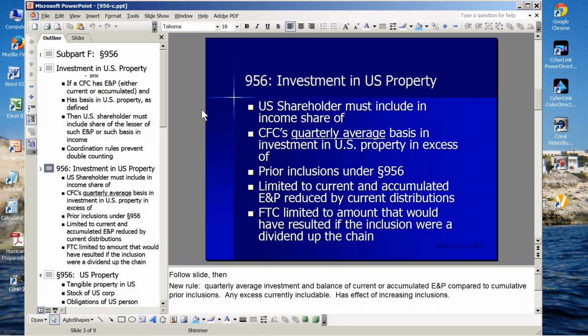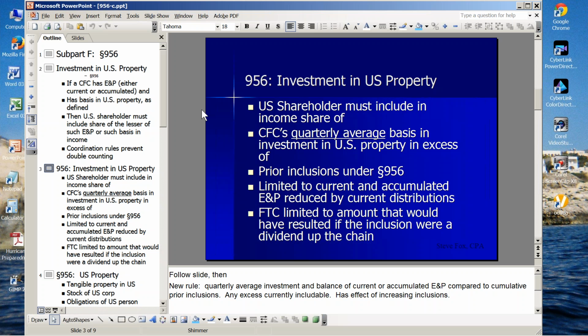It's compute balance A, compute balance B, and compute balance C, and then compare A and B, take the lesser of that number, and then reduce it by C. So A is the investment in U.S. property, B is the sub's earnings and profits, and C, the reduction amount, is the aggregate prior 956 inclusions. Not the aggregate subpart F income or subpart F inclusions, just the 956 inclusions.